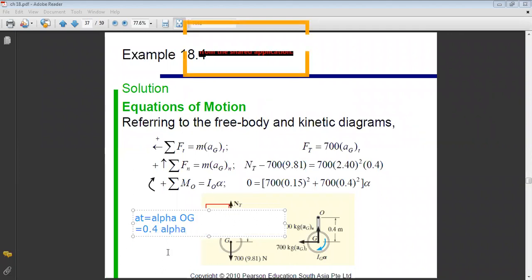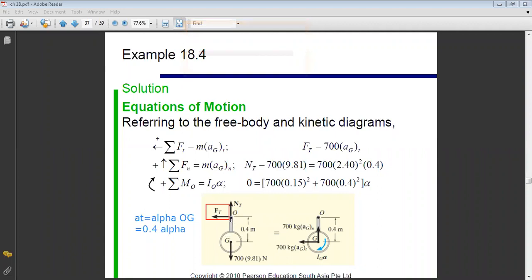And now, to find AT, we should find alpha. To calculate alpha, what should we do? We can do sum of moment about O equals IO alpha, or sum of moments about G. Both are right. But if we do sum of moments about O equals IO alpha, we directly get alpha equals 0. Why? Because look, all forces are not doing any moment about O. N and Ft are not doing a moment, and the weight also is not doing a moment.